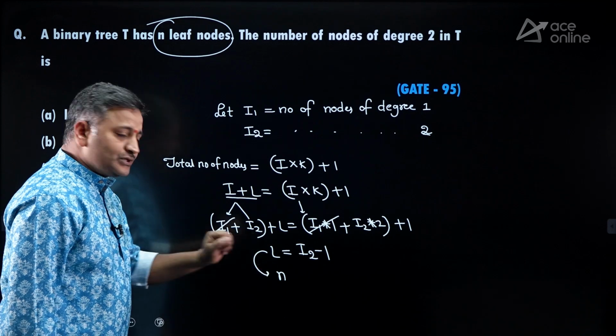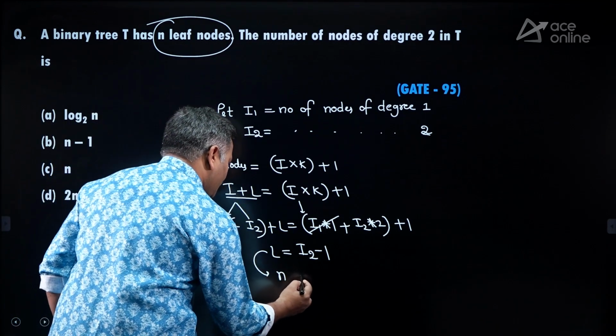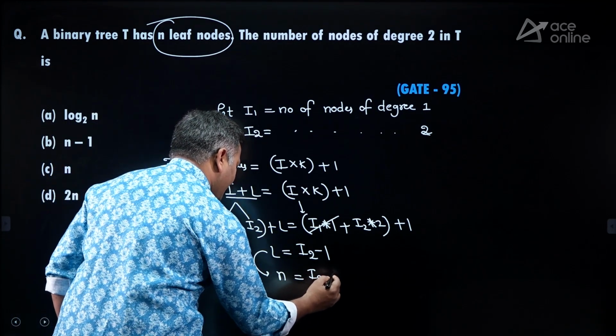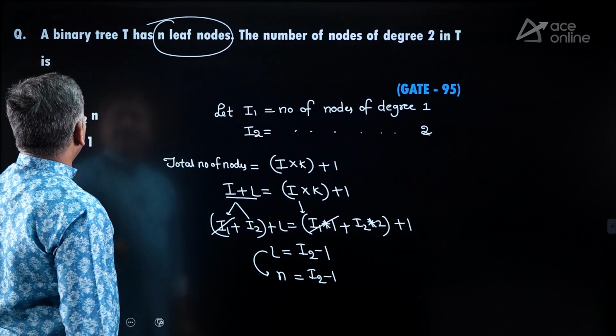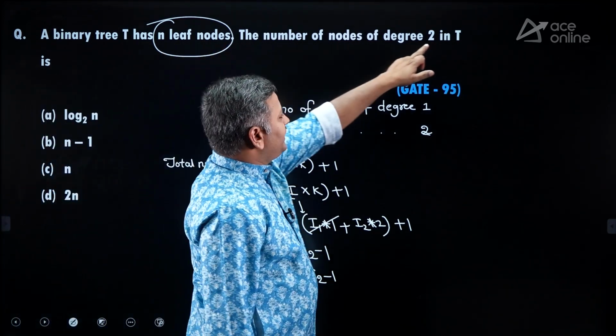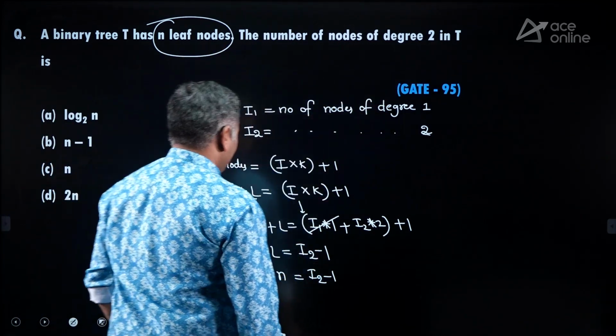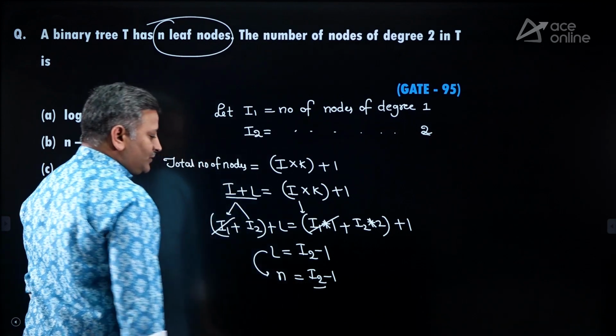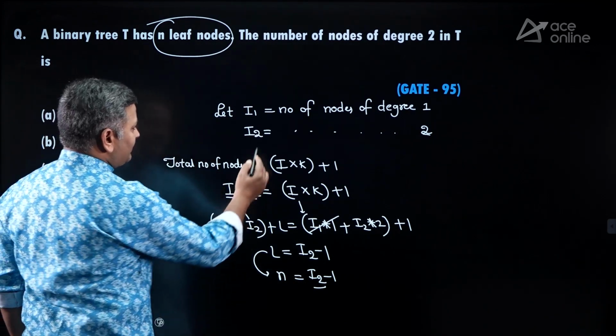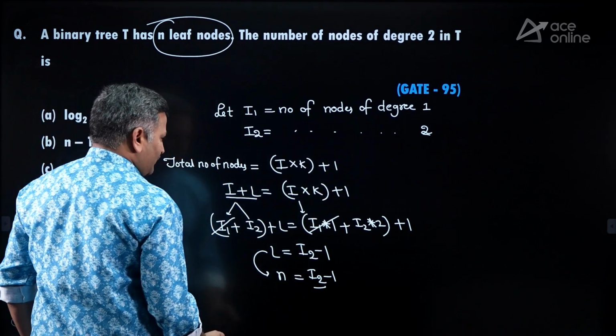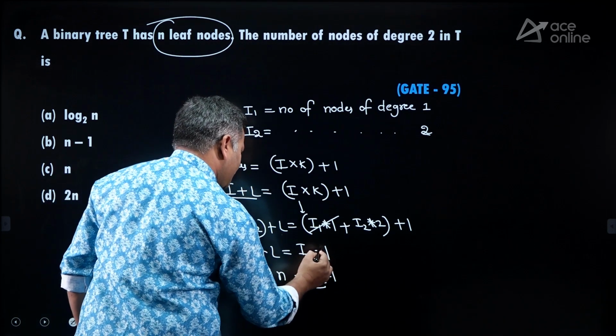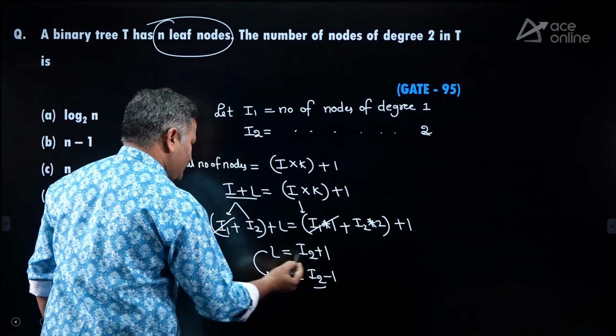That's why I am taking L equals n, which equals I2 plus 1. Actually, what do they want here? The number of nodes of degree 2, which obviously equals I2. Therefore, I2 is equal to, actually here it is plus 1, I2 plus 1.